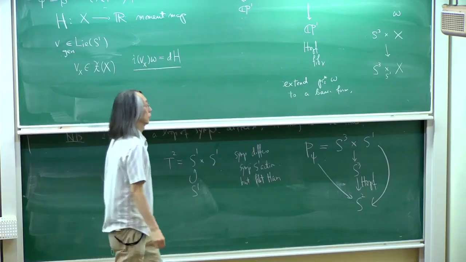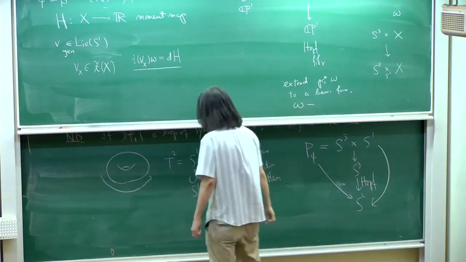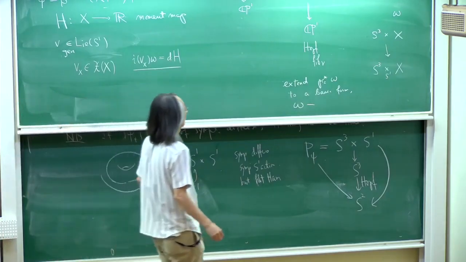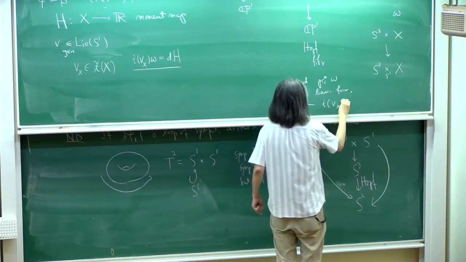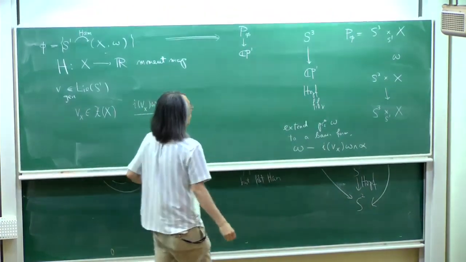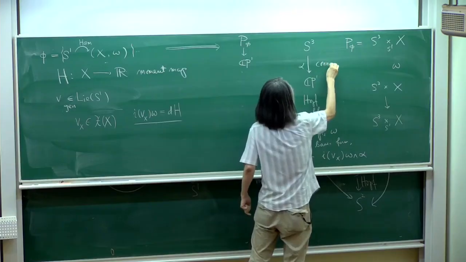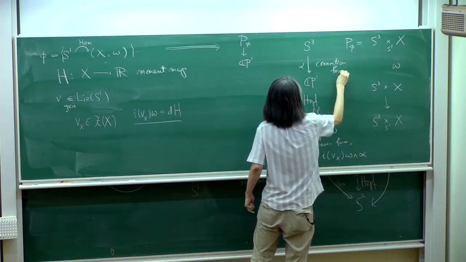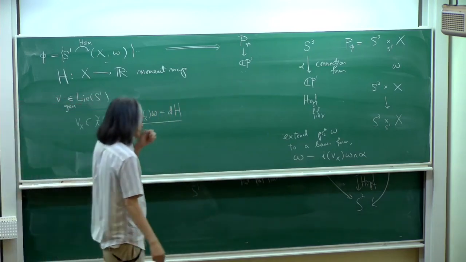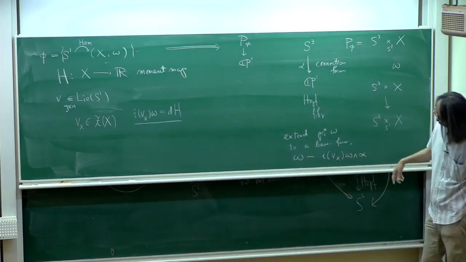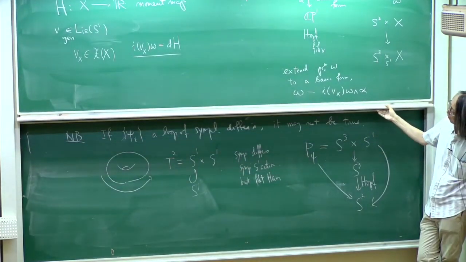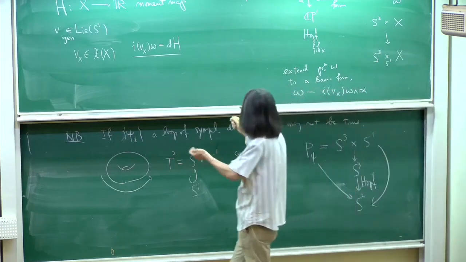we add something. Here maybe I need to understand some sign. I don't know if this is plus or minus. Let me just write it here. Okay, so alpha is a connection form here. And somehow we have to add this, or maybe subtract this, because this action is like this, right?